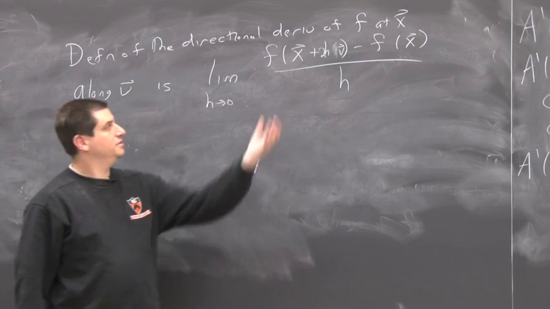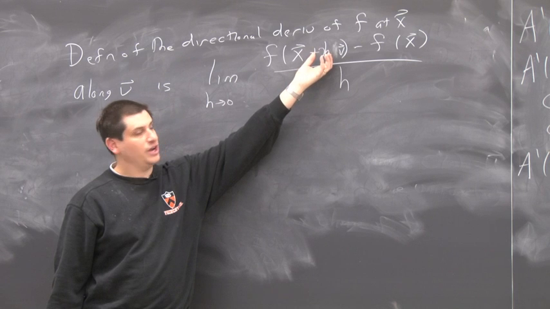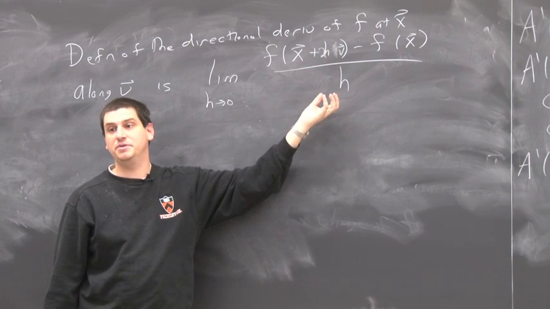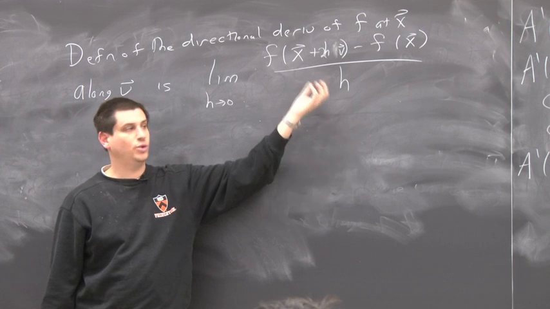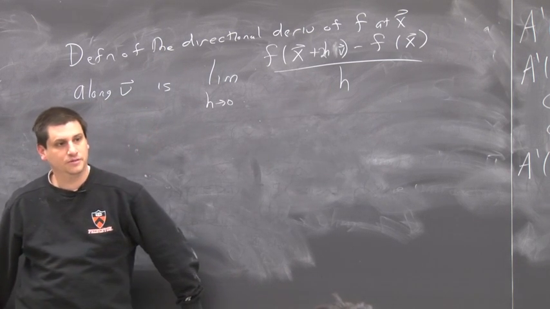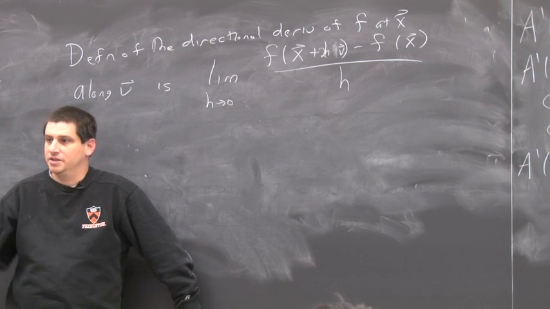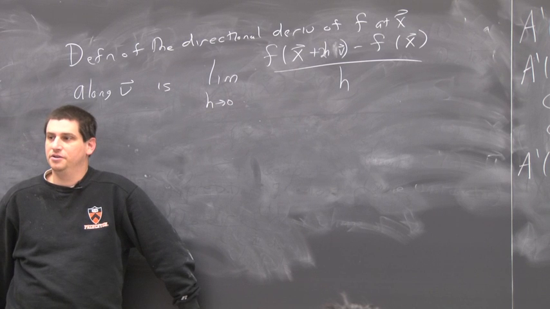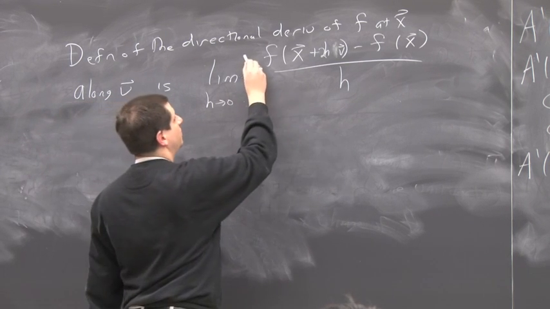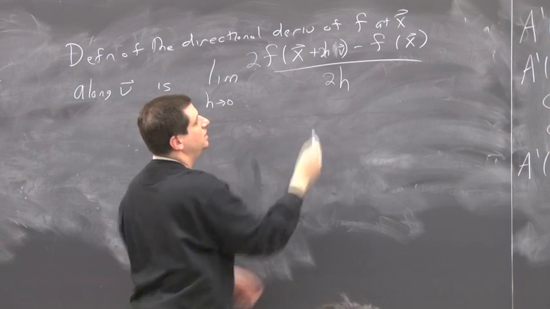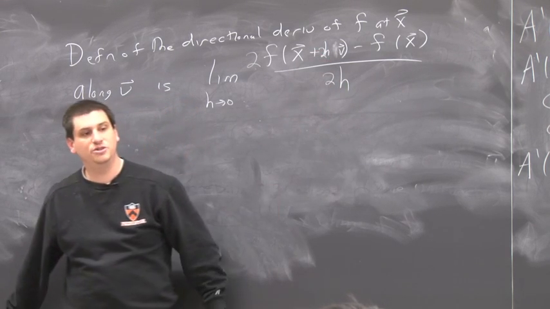When you take the limit, what you change by over here has to be the same as what you're dividing by. Is that the case now? So what do I have to do to fix things? Multiply by what? By 2 over 2. So if I multiply by 2 over 2, now I have 2h and I'm dividing by 2h.